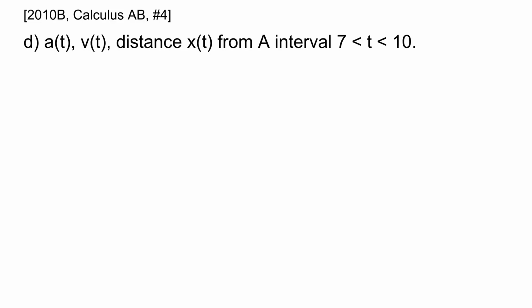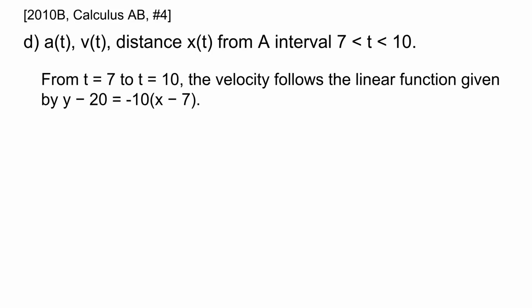In part D of this question, we are asked to find expressions for the acceleration of the squirrel, the velocity of the squirrel, and the distance, x of t, from building A over the open interval from 7 to 10. From time t equals 7 to time t equals 10, the velocity follows the linear function given by y minus 20 equals negative 10 times x minus 7.